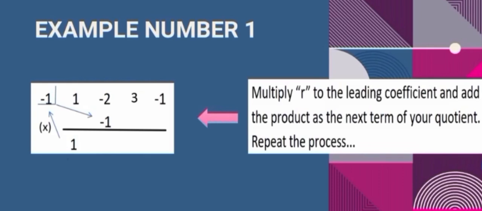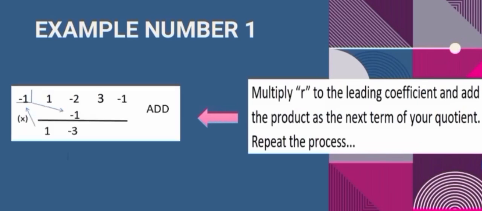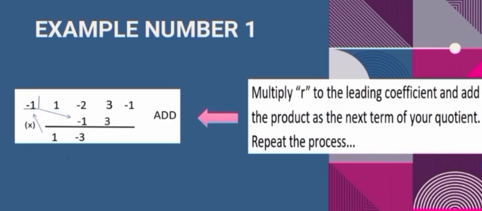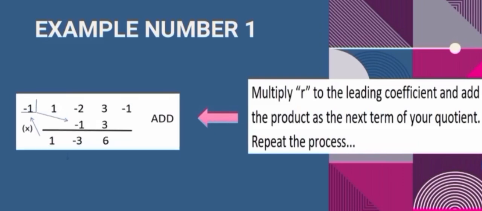In here, we bring down 1 and multiply 1 to negative 1, and the answer is negative 1. Then we add negative 2 to negative 1, and the answer is negative 3. And now, we multiply negative 3 to negative 1, and the answer is positive 3. And now, we add 3 plus 3, and the answer is 6.